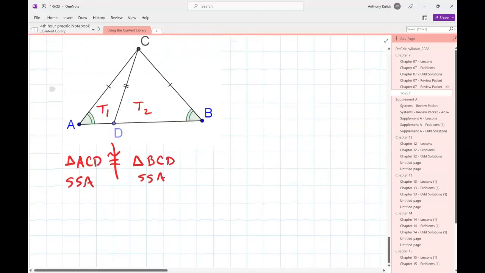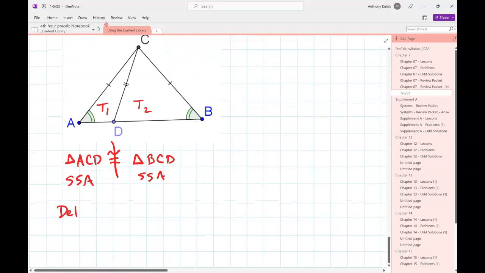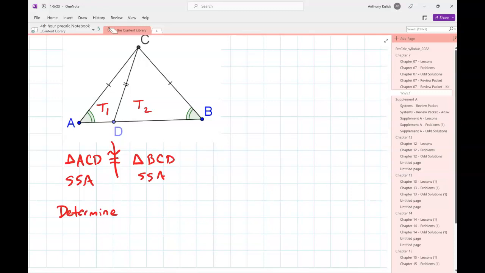So what we need to do here is talk about how we determine the number of possible triangles.